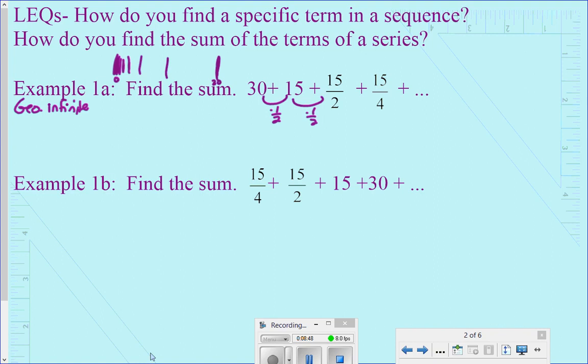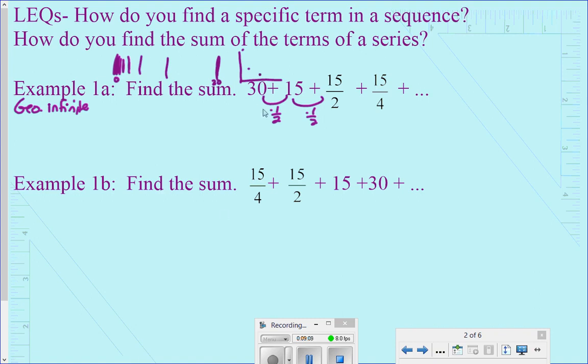Now, if I were to graph that scenario, I'd be looking at just the first quadrant. If I start plotting these points, 1 is my first term, 30, I'll just put it there. Then 2 is at 15, so all the way down here. And then 3 is at 7.5 here.